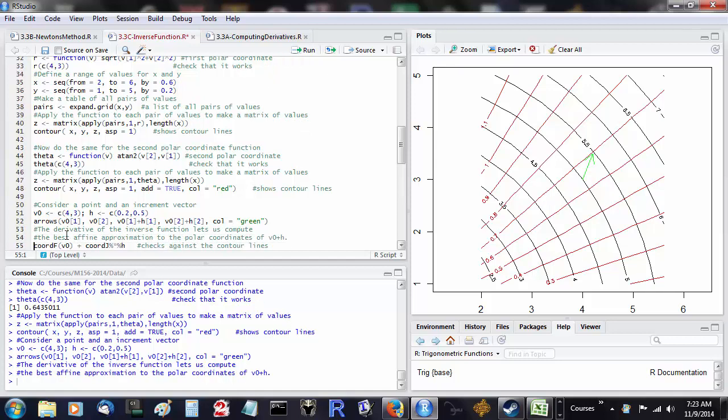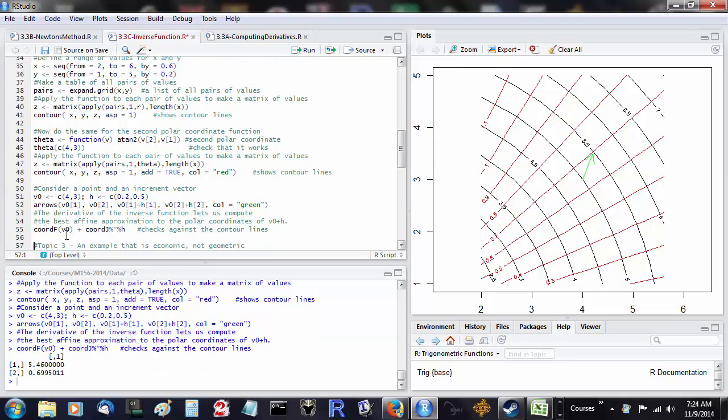Let's compute the derivative of the inverse function. We've already got it. It's called coord j. So I ask, what happens if I take the coordinates evaluated at v0, the values of r and theta that go along with my point (4, 3), and then add on to that the derivative of that function, its Jacobian matrix, matrix multiplied by the increment vector h.